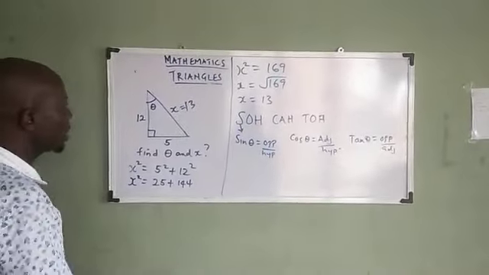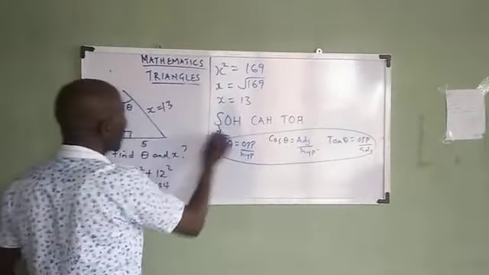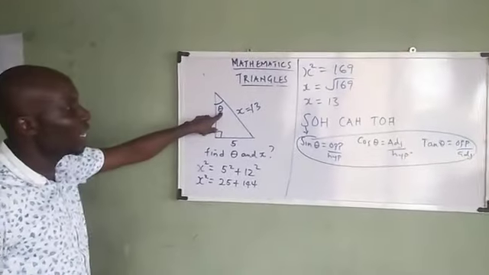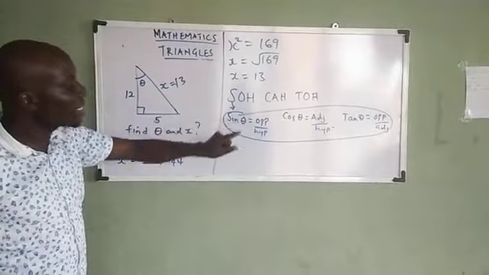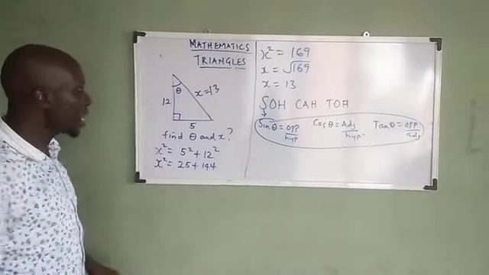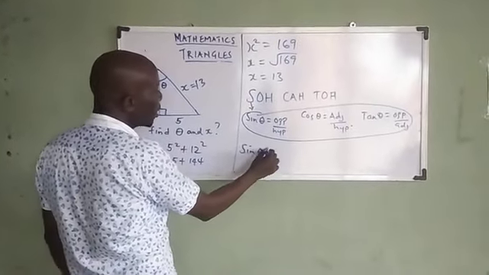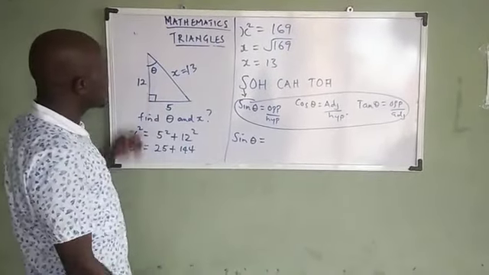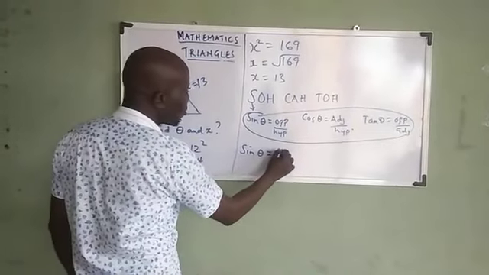Now in that regard, we can use any of these three formulas to find our theta here. Let's use sine theta to find it, and we use tan theta to check if our answer is actually correct. Our sine theta equals, what is the opposite? Our opposite is 5.